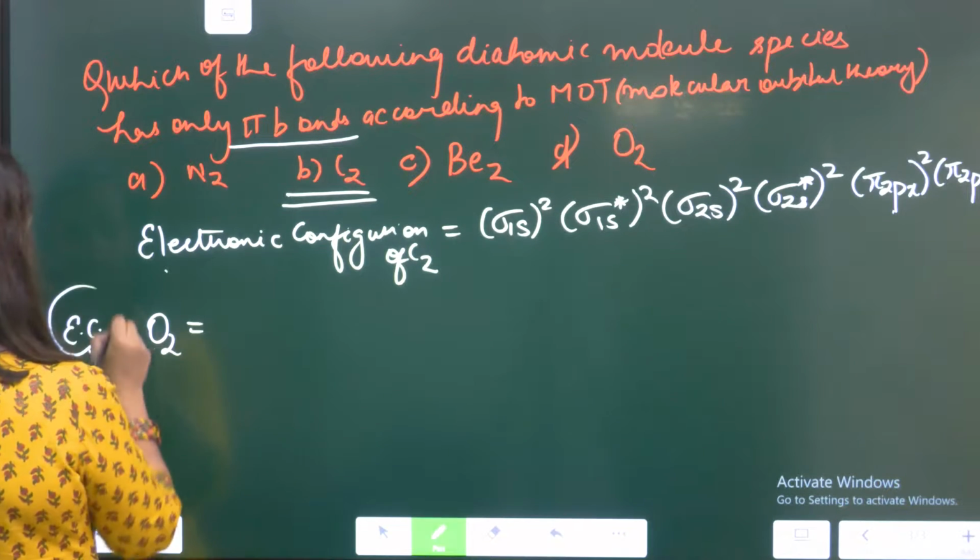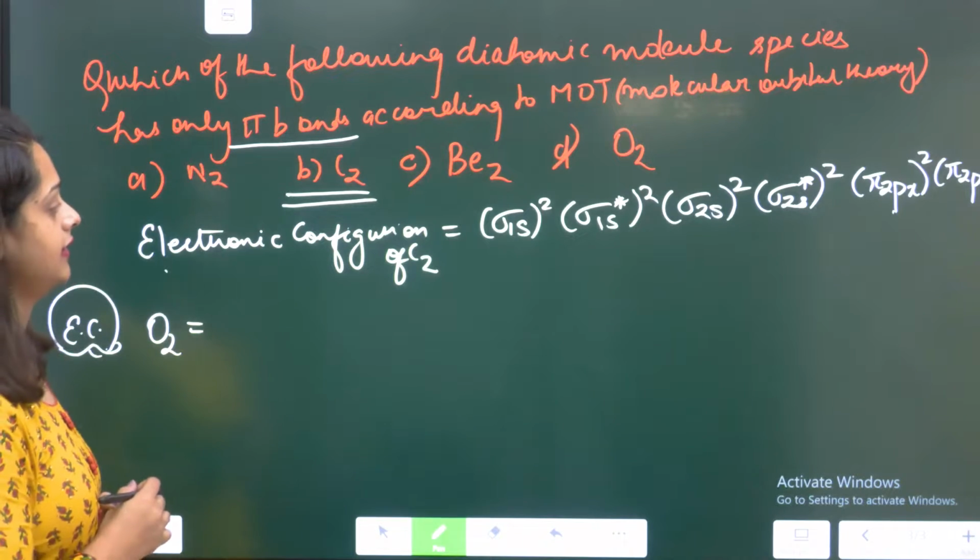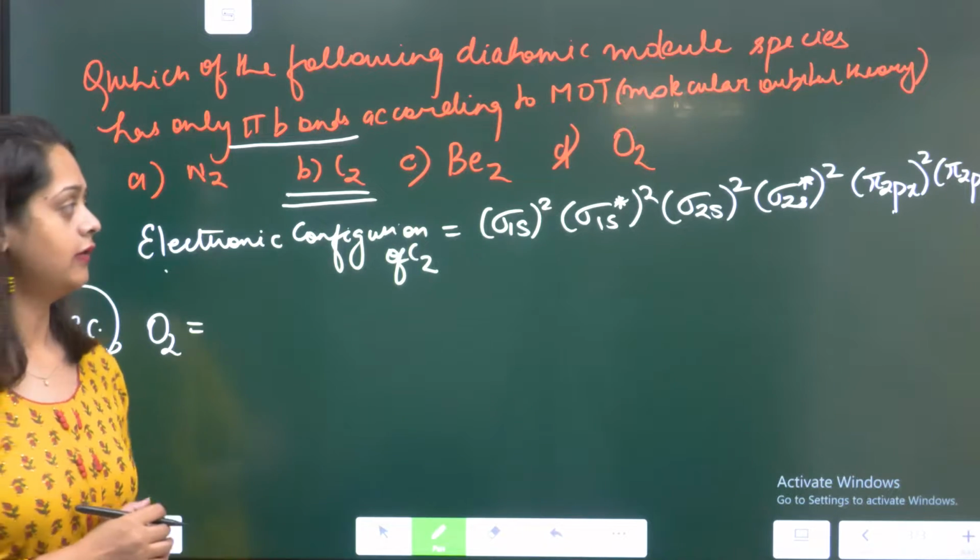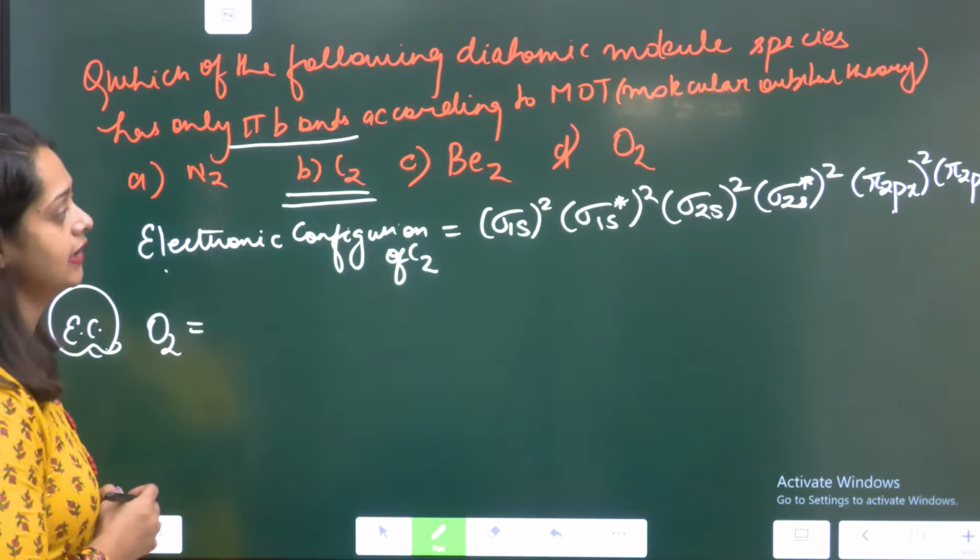How are O2 orbitals different from your C2? What will be the electronic configuration in the case of O2?